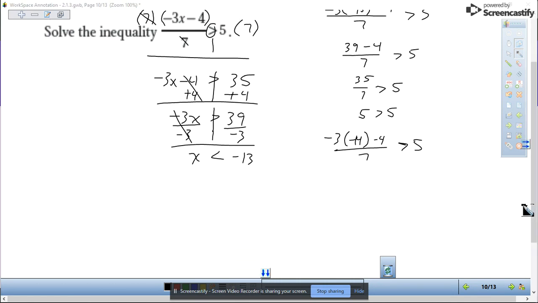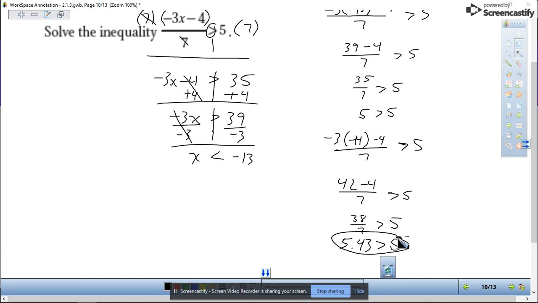All right, so what I have here is 42 minus 4, divided by 7, is greater than 5. 42 minus 4, that's going to be 38. And 38 divided by 7, doesn't really matter what the exact number is. We know it's bigger than. And it's going to round to 5.43. And that is indeed greater than 5.